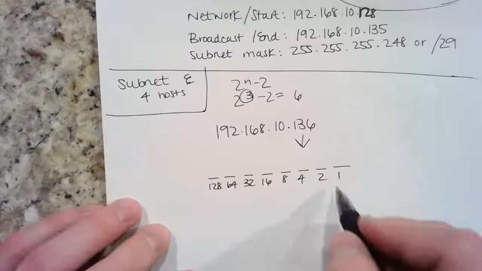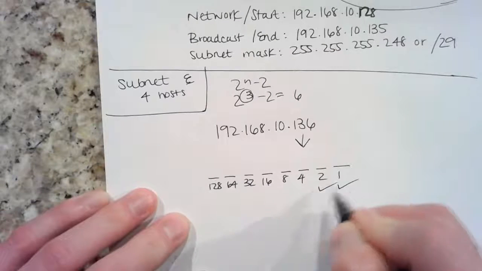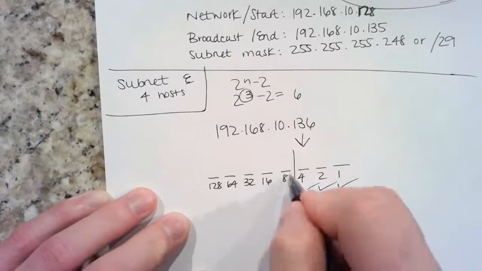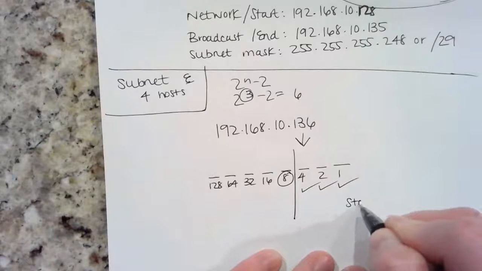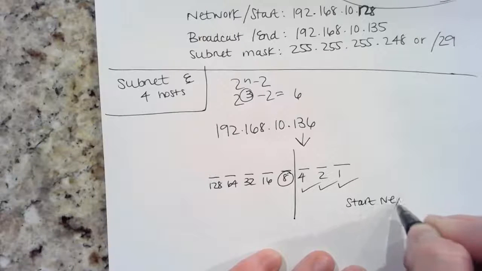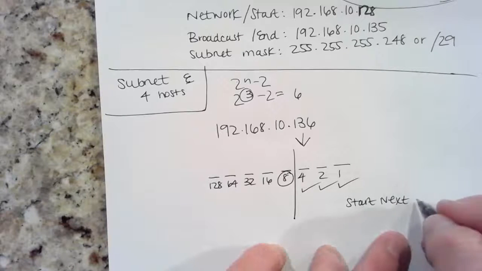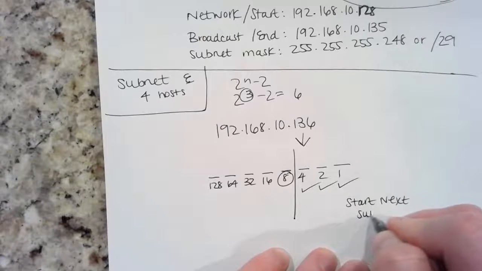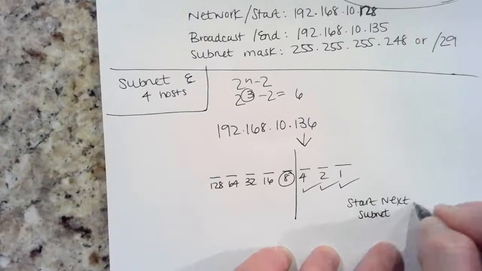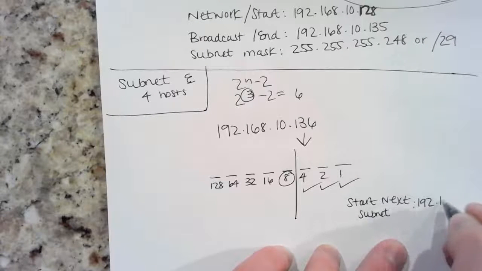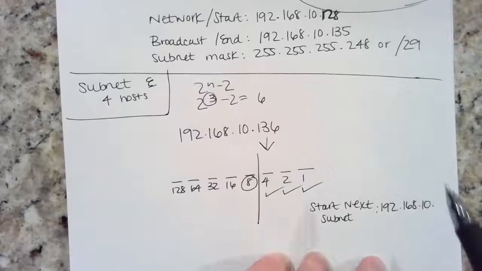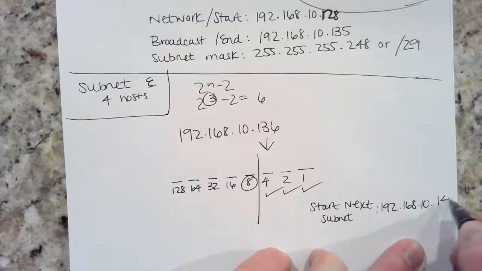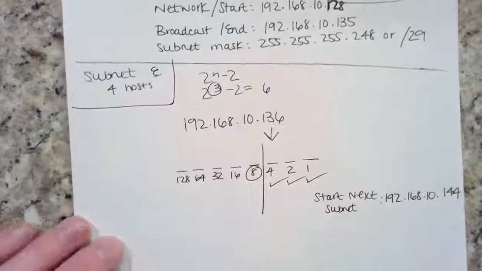Okay, so we're going to borrow 3 again. 1, 2, 3. Draw a line. We're incrementing by 8. So if we had a next start of our next subnet here, it would be 192.168.10, and we're going to add 8 to 136, so it would be 144. Now we don't have one, but that's okay.